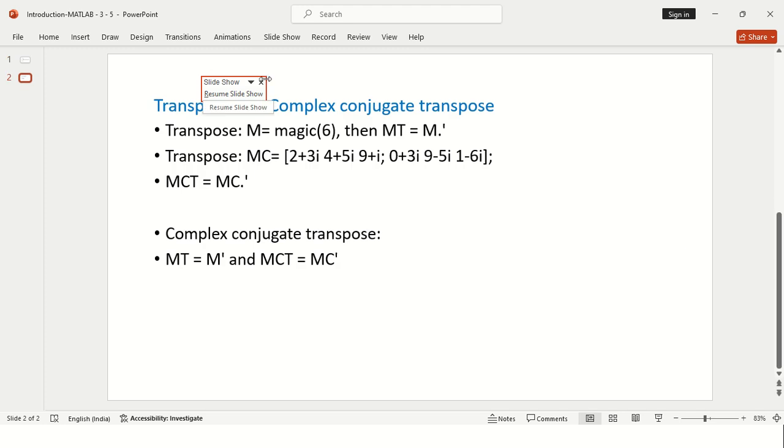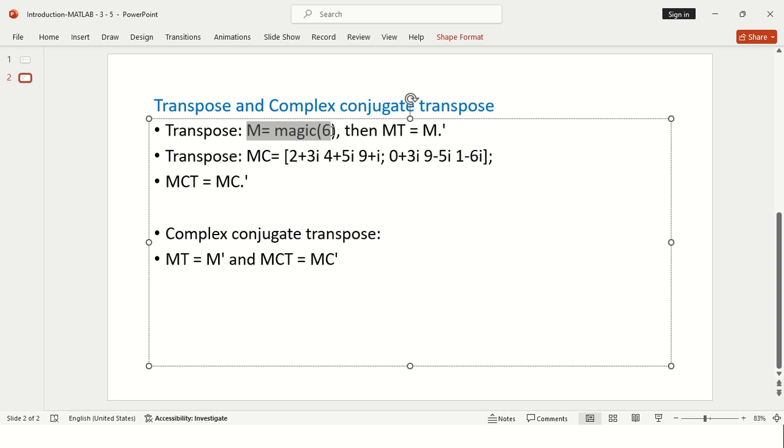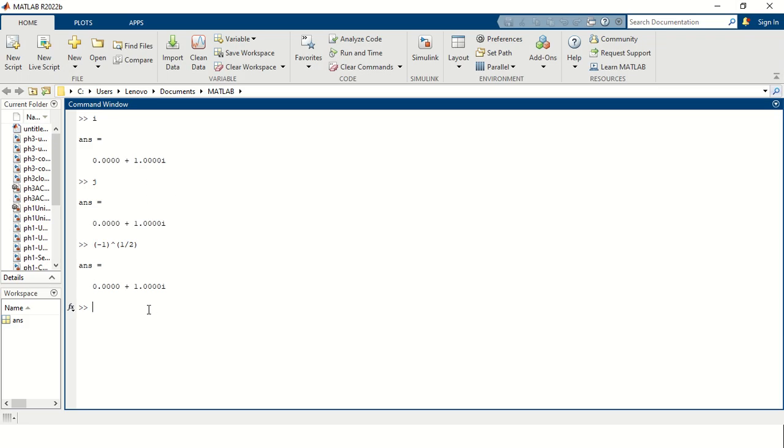So transpose and complex conjugate transpose. For transpose, I am taking M is equal to magic 6.